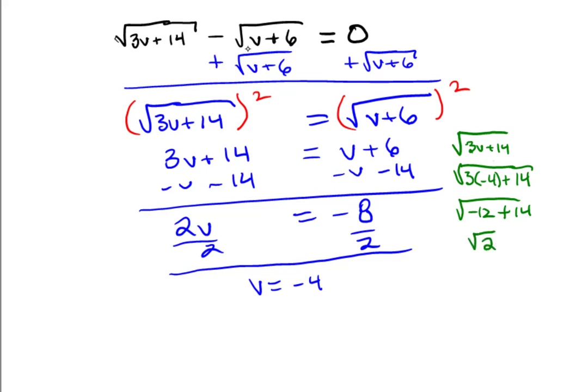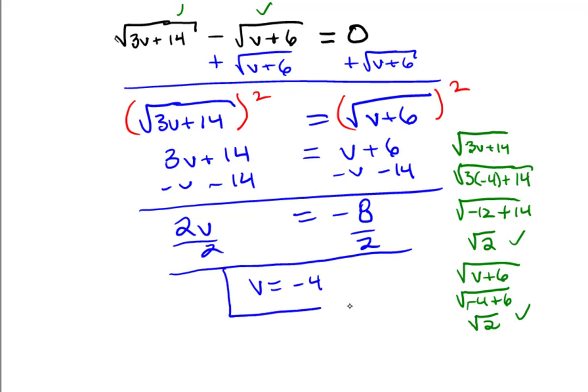If I plug it into the other radical, the radical of v plus 6, we get the radical of negative 4 plus 6, which is also the radical of 2. So now we'd have the radical of 2 minus the radical of 2, and that does give me 0. So therefore, the final answer to this is indeed v equals negative 4.